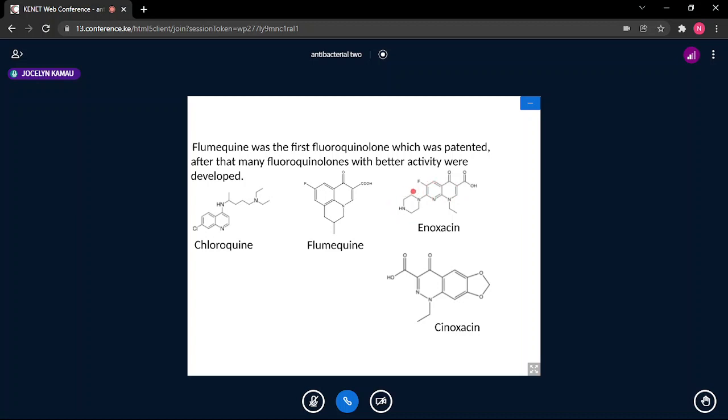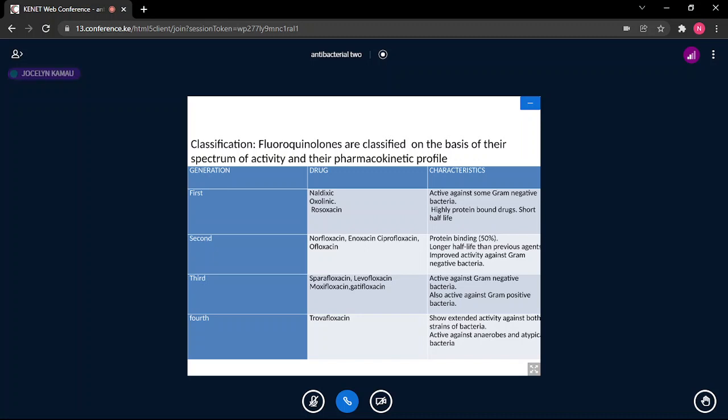So that piperazine moiety attached at position number 7 was found to bring in a lot of importance, or it improved the drug activity. And of course, we are going to go through that. So we are only saying that there was structural modification of flumequine to develop better molecules, which had better activity.